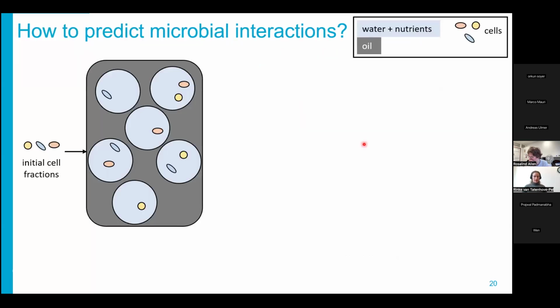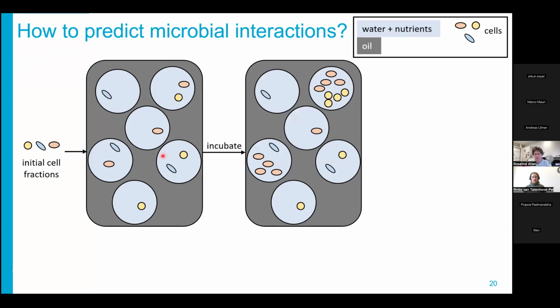So the idea here was to take again a consortium. We have our initial cell fractions, put them in these droplets, incubate them, and now depending on which cells are together and depending on the interaction between them, we get certain growth.